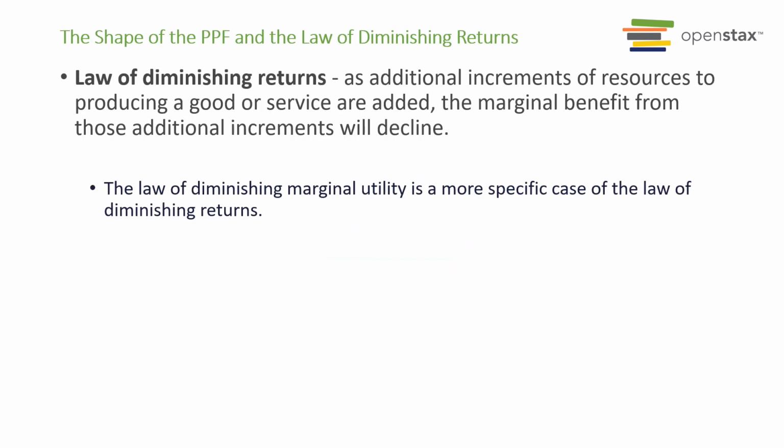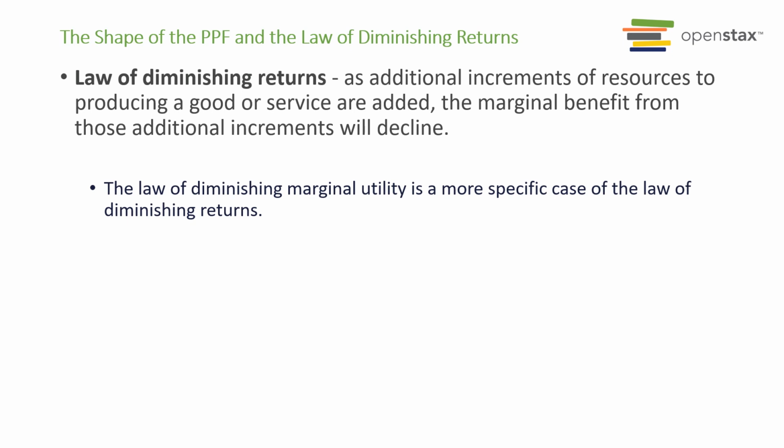All right, and also know what the law of diminishing returns is. This is similar to our law of diminishing marginal utility. It says that as additional increments of resources to produce goods or services are added, the marginal benefit from those resources will decline. So the more of something you produce, the lower the additional return from the additional resources.